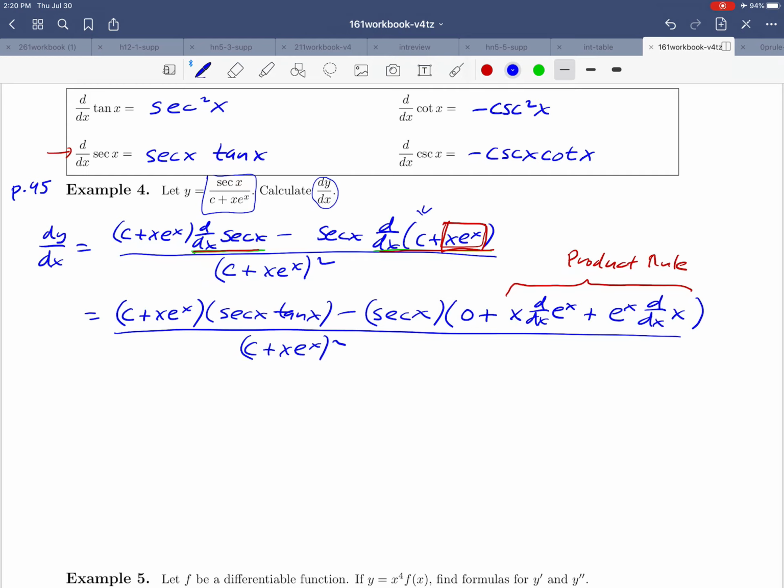Now, are we done or do we have more to do here? Well, notice we've still got a couple of derivatives to take. We need the derivative of e to the x and the derivative of x. If we can take those two derivatives, we will be done here. So probably one more step is going to do it in this case.